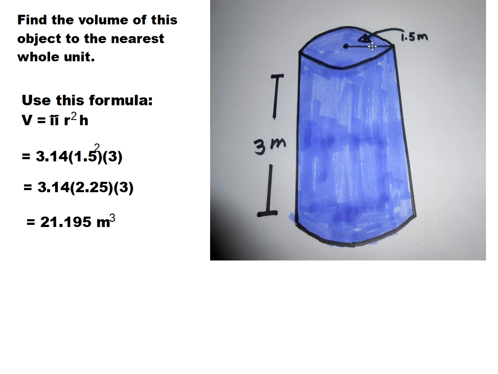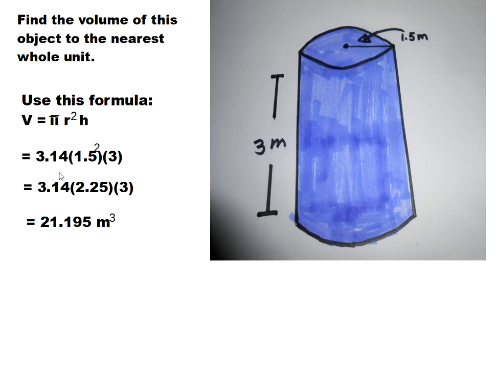So this is the radius, so you put it over here, 1.5 squared, and the pi number is 3.14. So you put 3.14 times 1.5 squared times 3.